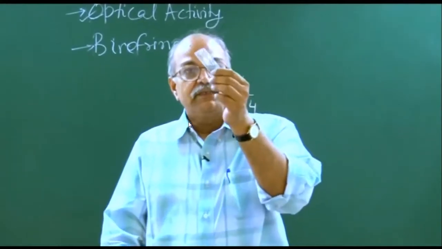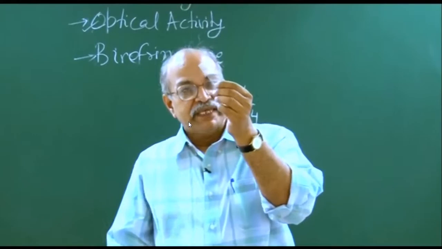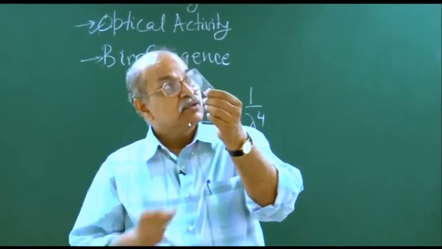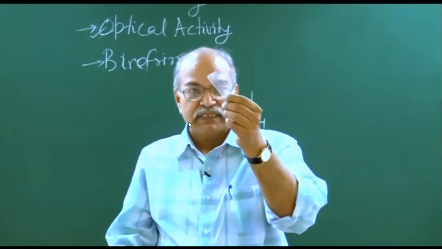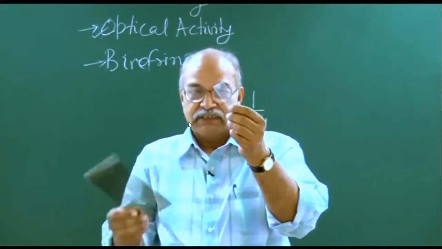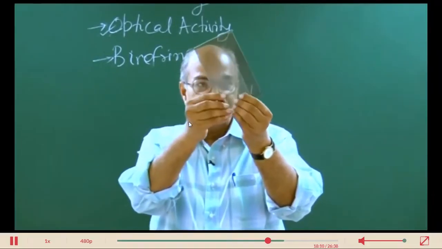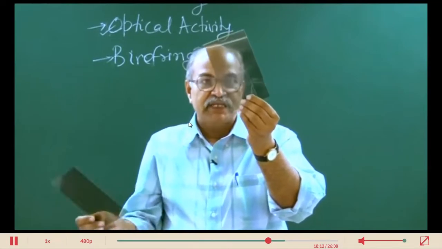Now if I look through this glass slide towards some light source, light will get transmitted. I put it between these polarizers. So one polarizer is here, another polarizer parallel to it.